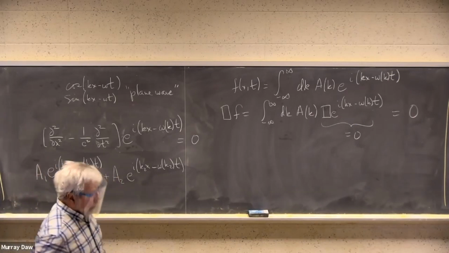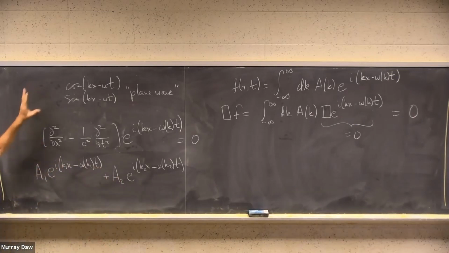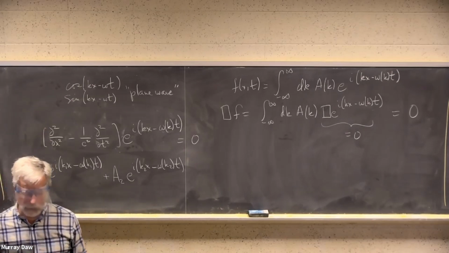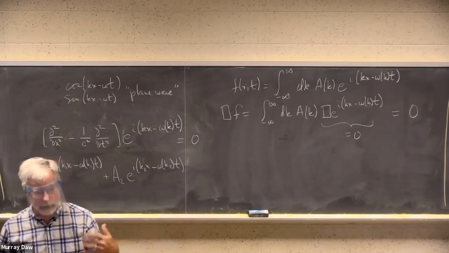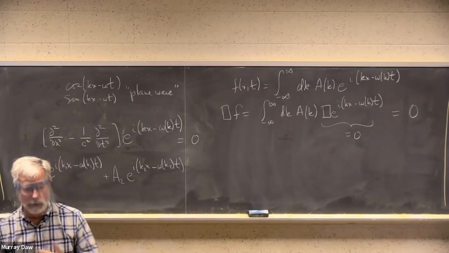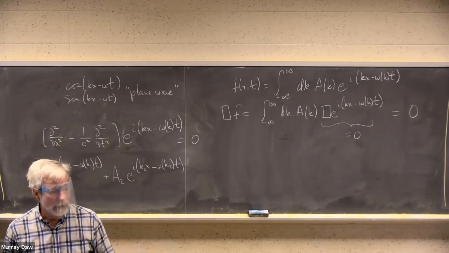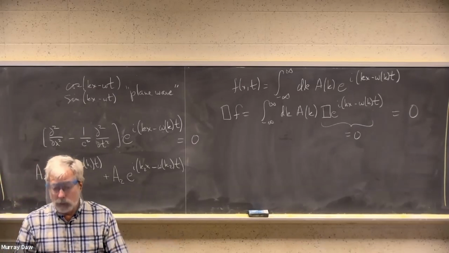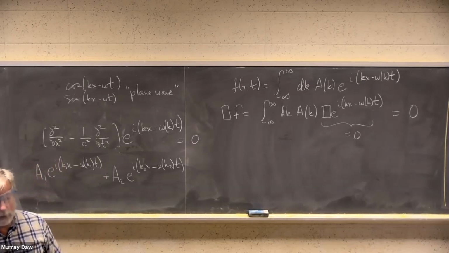It all works because of the linear nature of the wave equation and the medium. Physically, if I take a wave coming this way and a wave coming this way, they just pass through each other. What I mean is that they just superimpose in the way that we indicate. There's nothing more than a superposition going on.